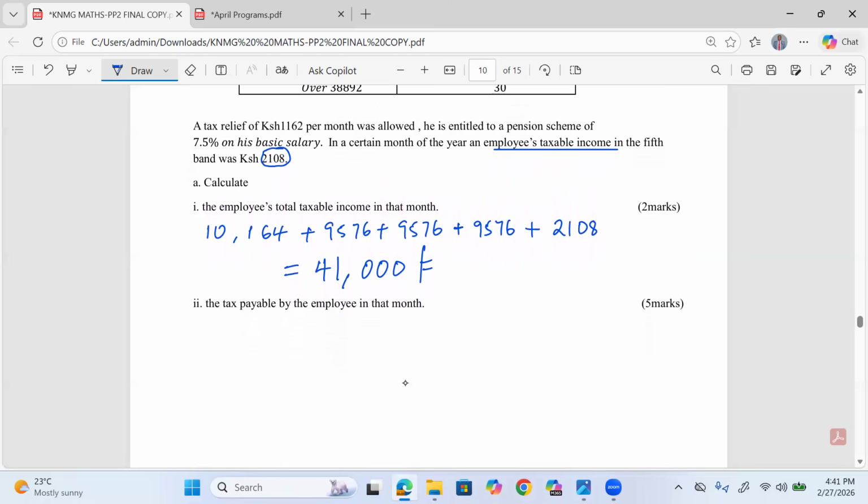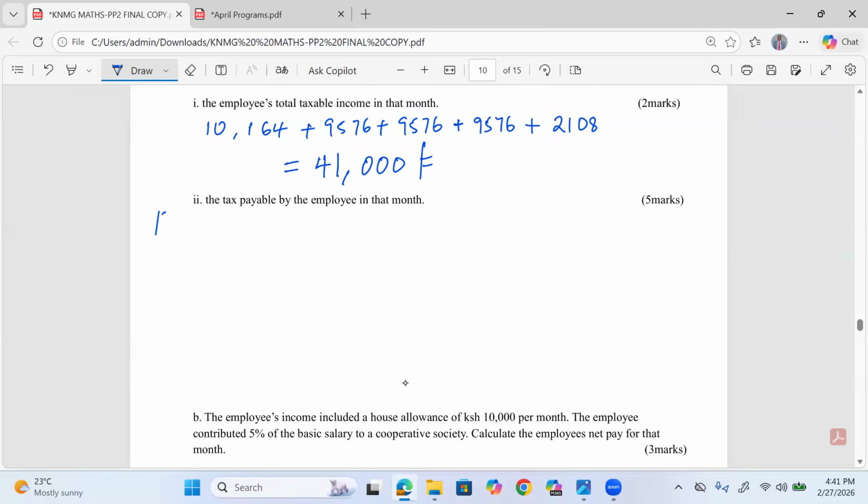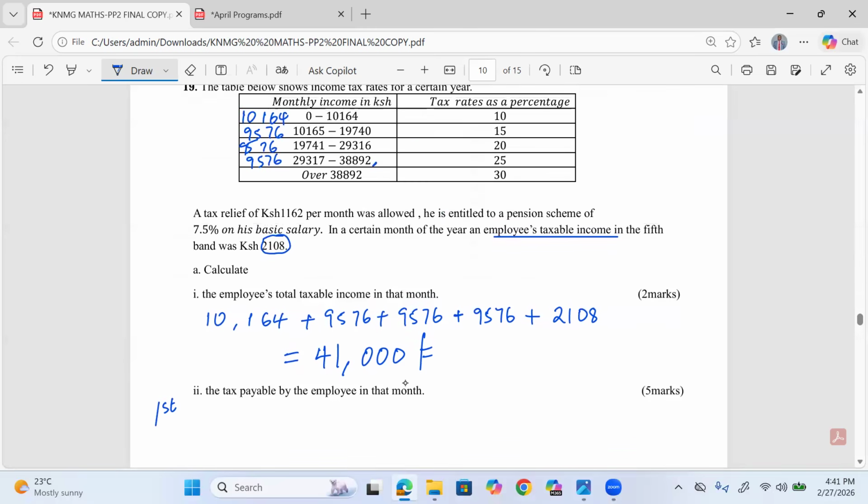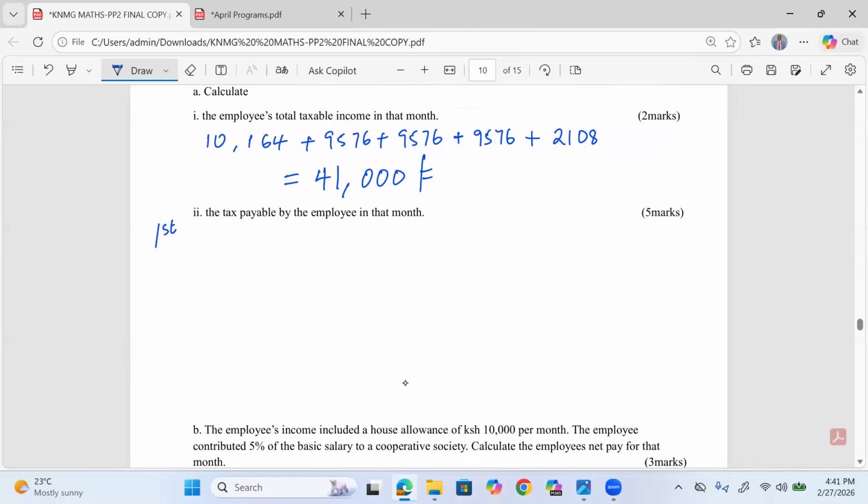So from the first band, it is 10,164 by 10%, giving us 1016.4.